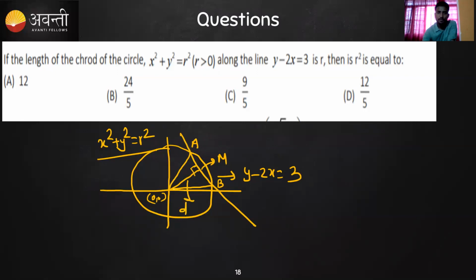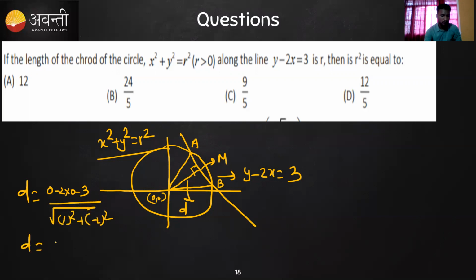From the perpendicular distance formula, you can find this value, that is d. So what will be the d value? It is basically nothing but (0 minus 2 into 0 minus 3) divided by root under (1 whole square plus (minus 2) whole square). So from here you will find d is equal to 3 by root 5.